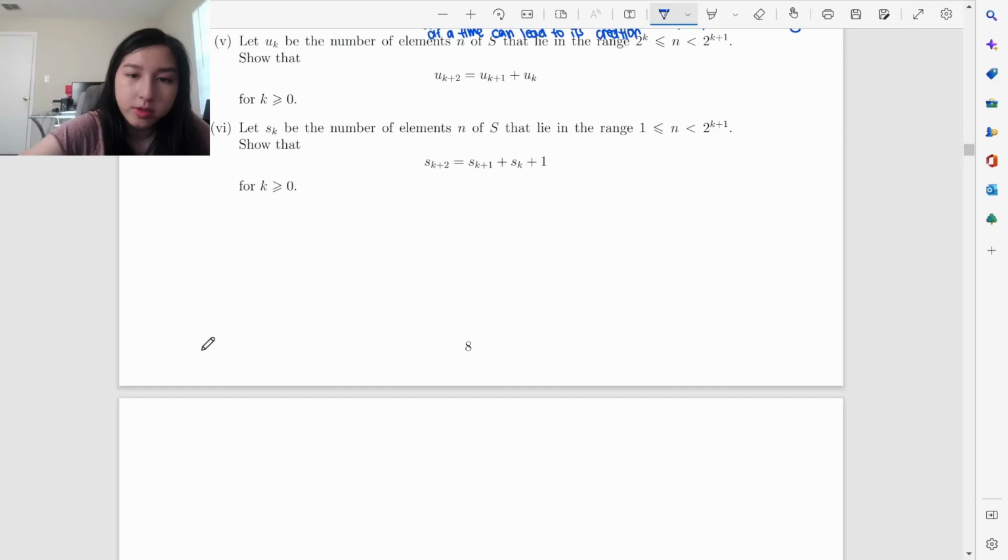So I guess I probably should start with finding what u_k and u_(k+1) and u_(k+2) are. Alright, u_(k+1) would be 2^(k+1) less than or equal to n, which is less than 2^(k+2). Oh no, my computer's being a bit laggy.